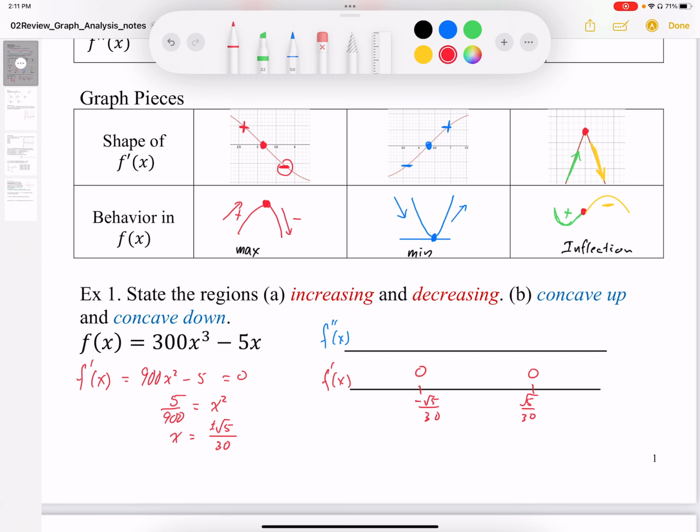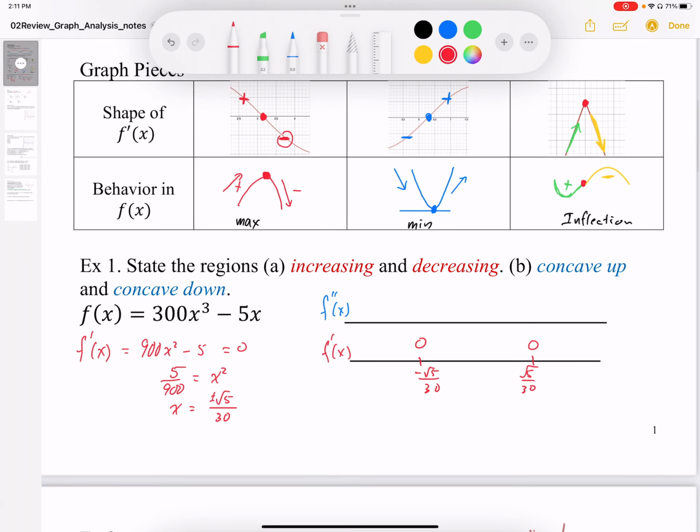And I can just check these slopes with my derivative function. So I'm going to test my derivative, f prime at 0. If I plug in 0, I get negative. I know that's negative slope through here. We've got a positive slope there.